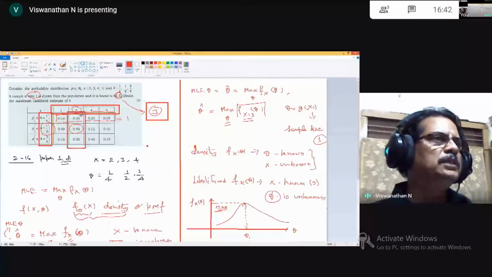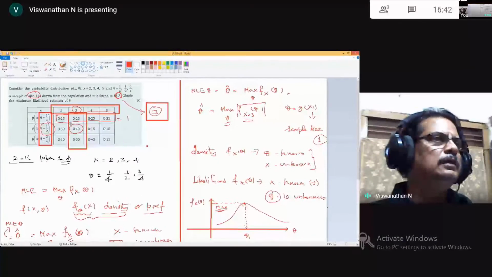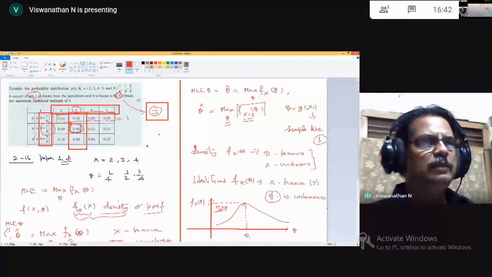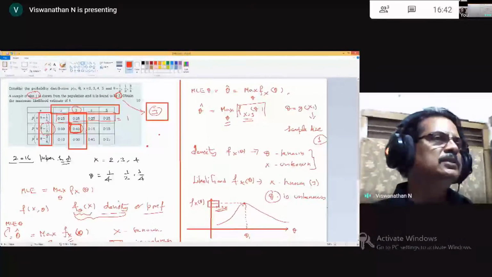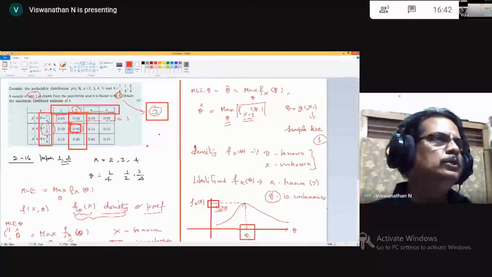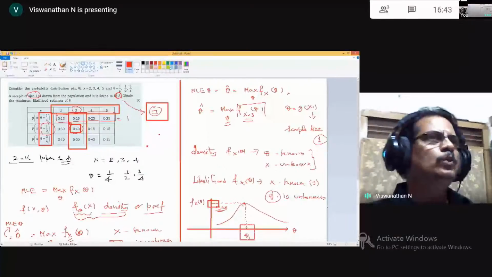And what is the maximum here? The maximum value is 0.4. But be careful: what we are interested in is not this maximum value, but at what theta it is going to be maximized.